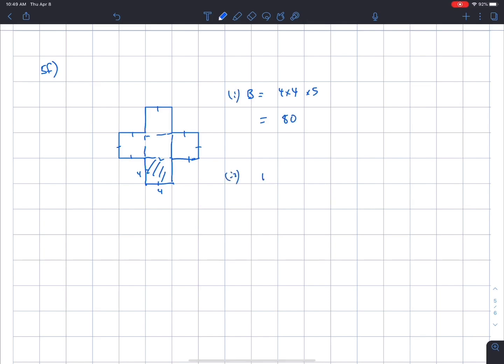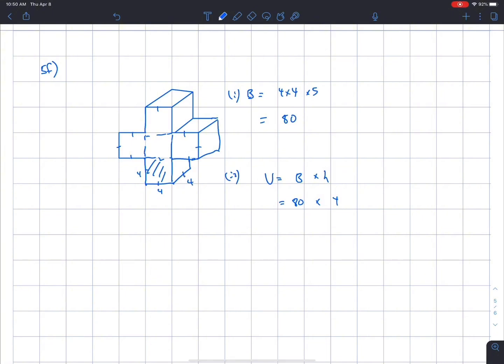Step 2, you just need to know that the volume is going to be base area times height. Base area is 80, and the height is just 4. If you look at the diagram, right?